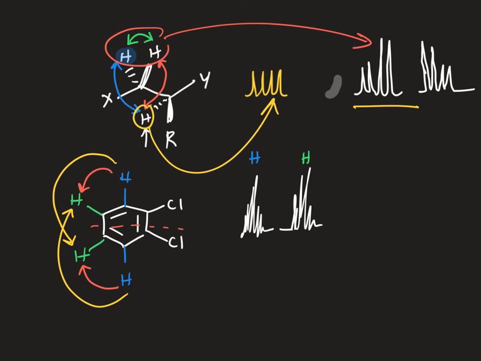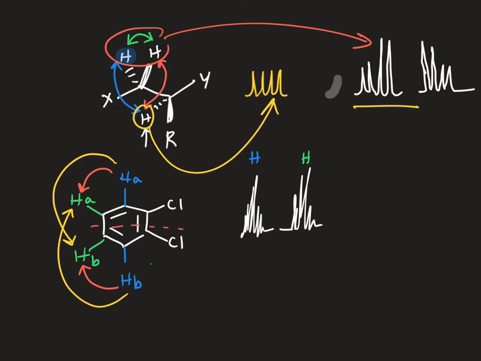Because if we call this the A system, and this the B system, A and B have a different relationship to their green proton, even though they're coupled to chemically equivalent protons.